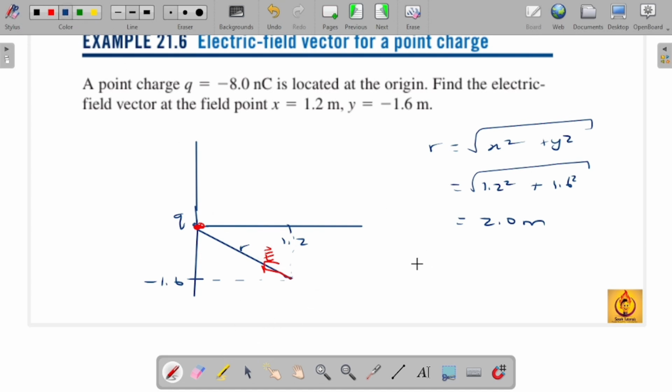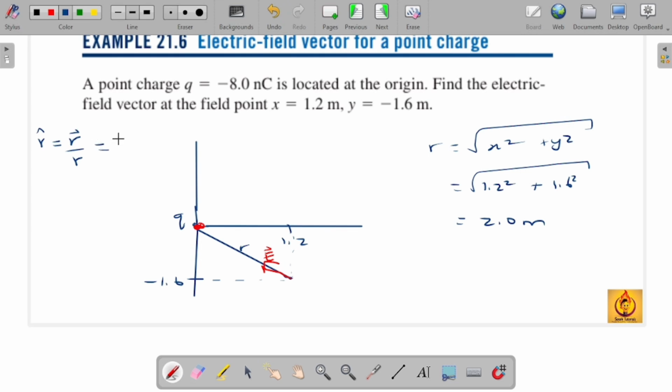Alright. Now we can move on. You said you're going to find the unit vector. So the unit vector, what's the formula? It's the R vector divided by its magnitude.